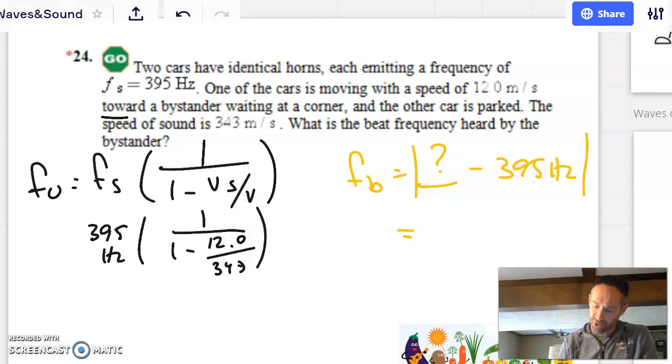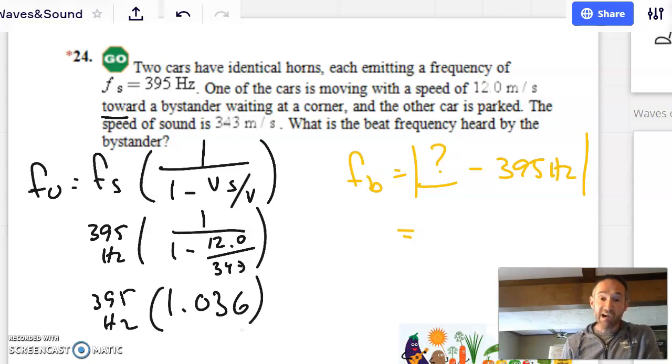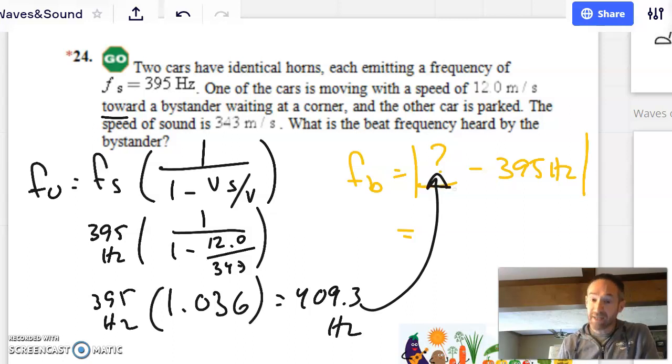Be careful of those subscripts. You're going to see that this comes out to 103% of the original frequency, which is 409.3 hertz. That's what I'm going to put in right here, and when I subtract those two, I'm going to end up with 14 hertz.